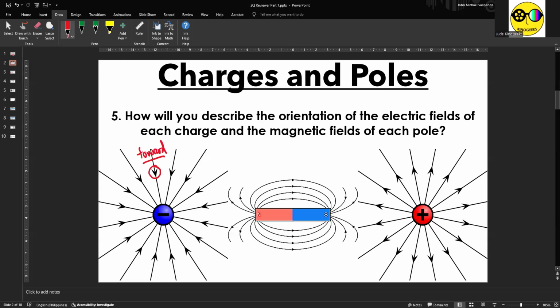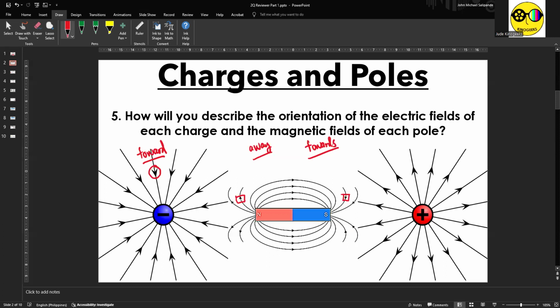For the bar magnet, which contains a north pole and a south pole, for the north pole you see that the arrow is moving away from it. So the magnetic field is oriented away from the north pole and towards the south pole. No need to memorize this part, because this one is pretty straightforward and a giveaway.